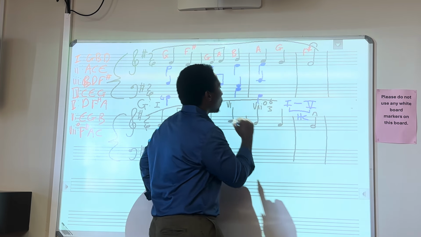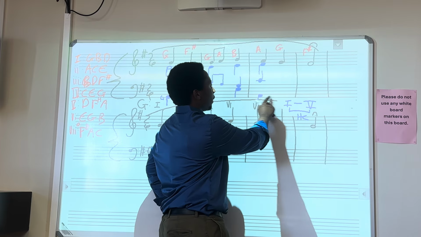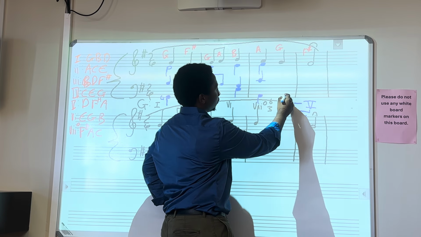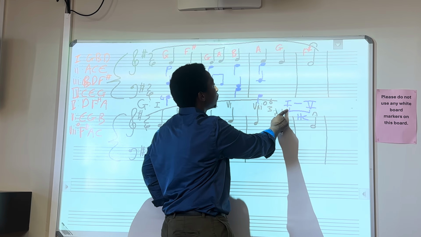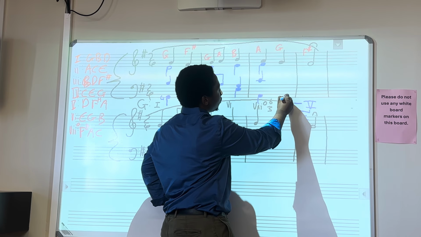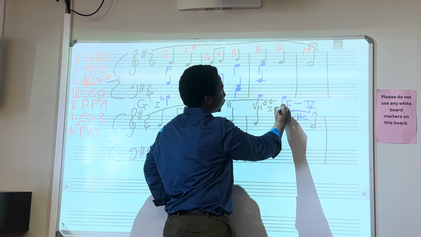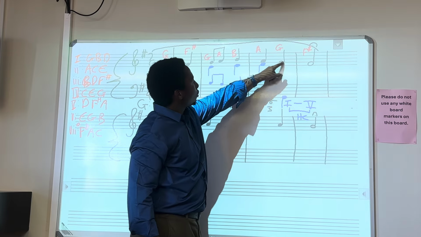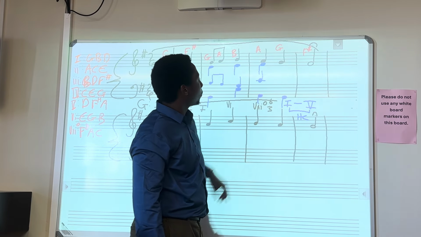Right, next one, chord 1. A will go to G because it's chord 1 now, G, B, D. Right, there's my G. In root, G. G and G is already doubled. Happy with that.